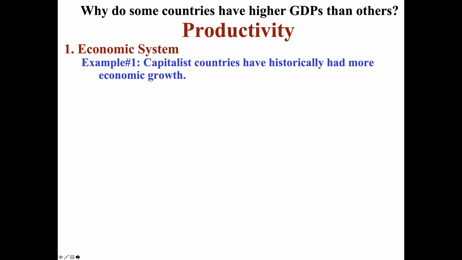The economic system is one point. So in general, capitalist countries have had a lot more economic growth than command economy countries. There's a lot of debate about how much you regulate that capitalism, but free markets, when they're allowed to work well, are going to create the most growth.